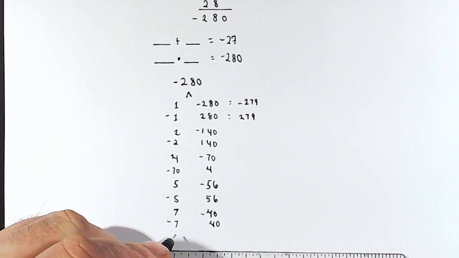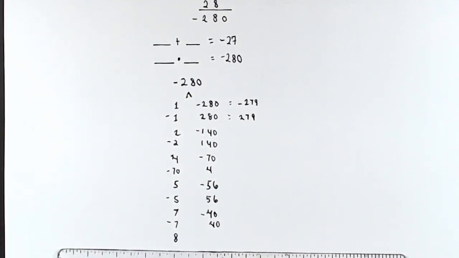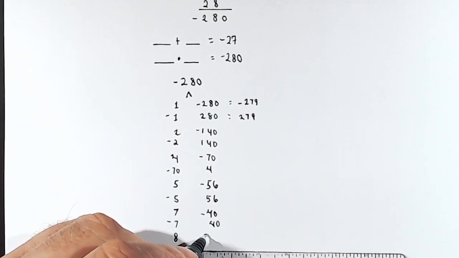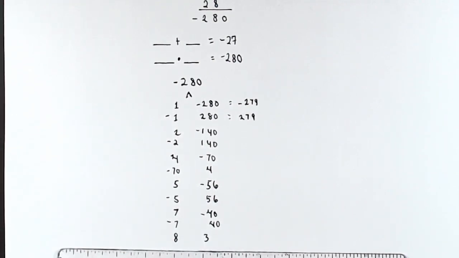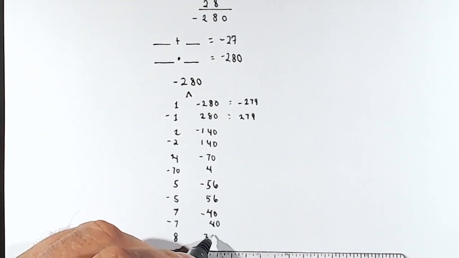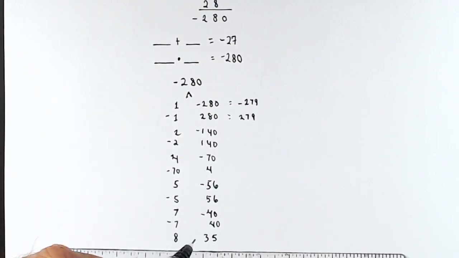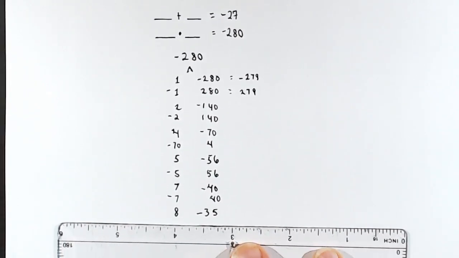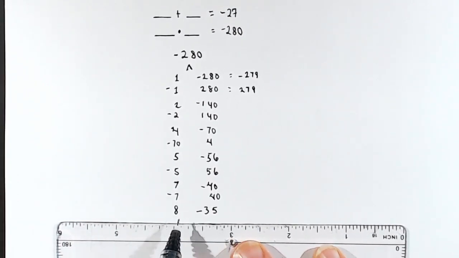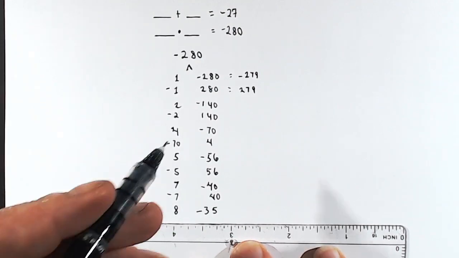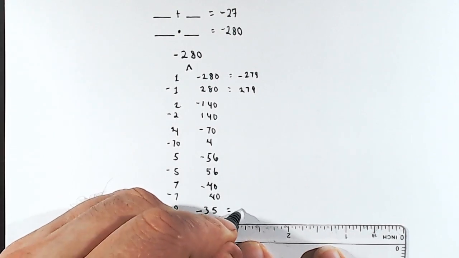Ooh, 8 might work, so let's try 8. 8 goes into 280 35 times. So we do 8 times negative 35, and let's add that. 8 plus negative 35 is negative 27. So this is it. We found it.